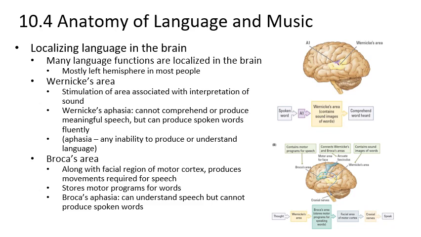We talked about Wernicke's area, which is associated with the interpretation of sound. Wernicke's aphasia is when there's a lesion to the Wernicke's area and the individual cannot comprehend or produce meaningful speech, but they can produce spoken words fluently.